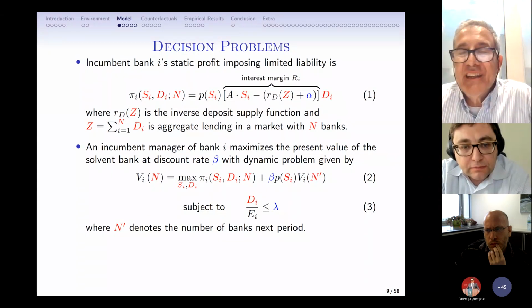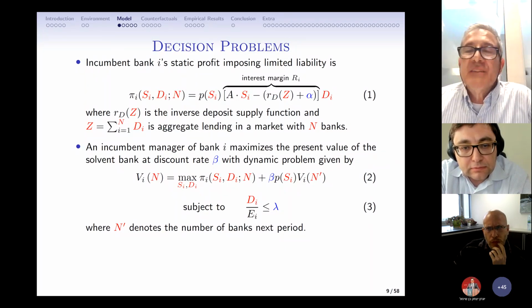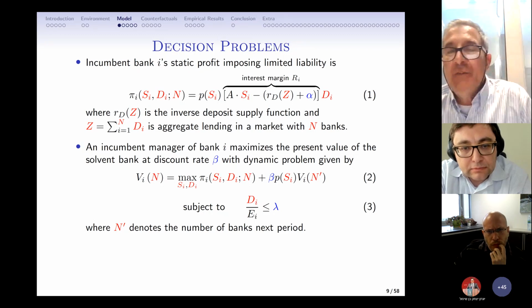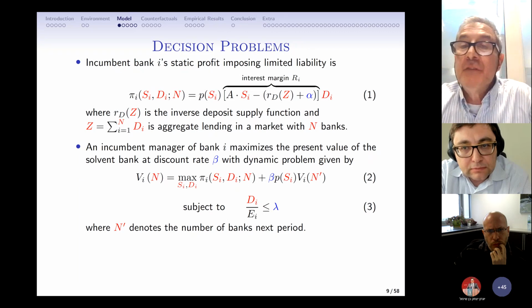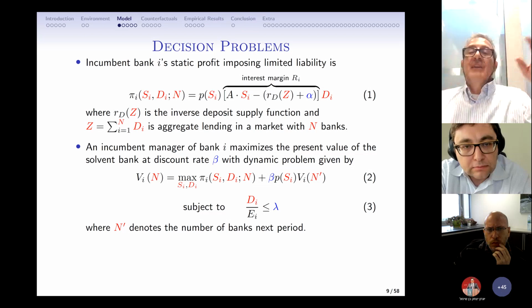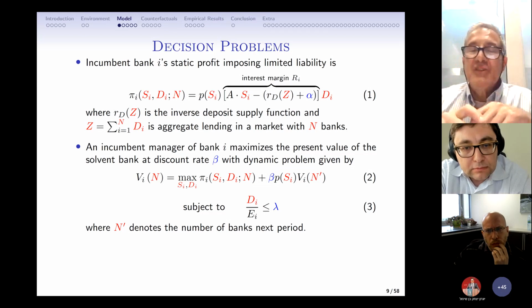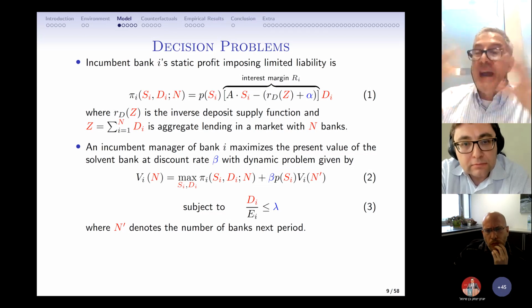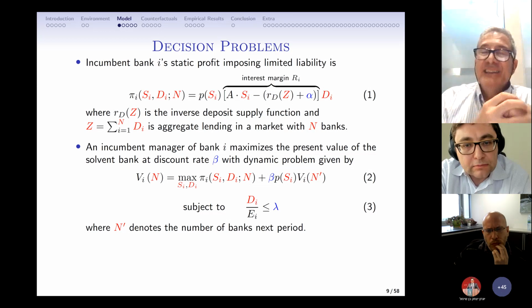Yeah, good question. This is just a reduced form way to get that in. I totally agree with you that if you were to put in a Fed funds market, the bank balance sheet would now be expanded, right?